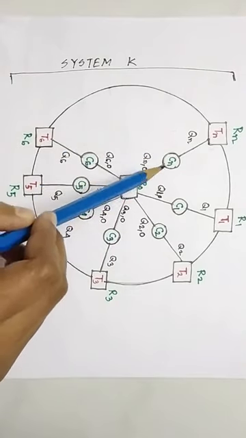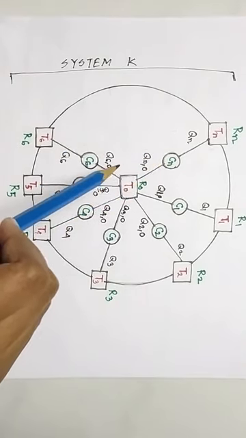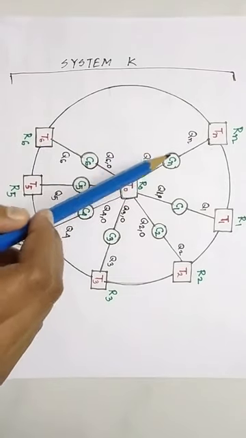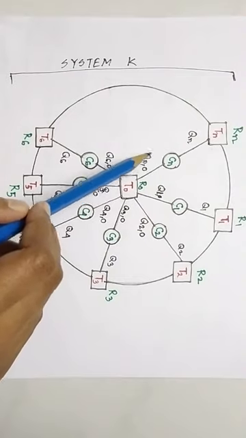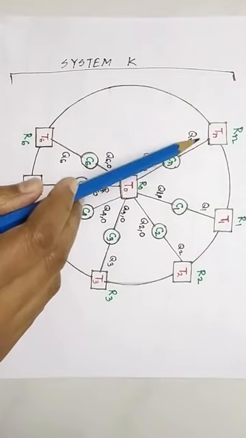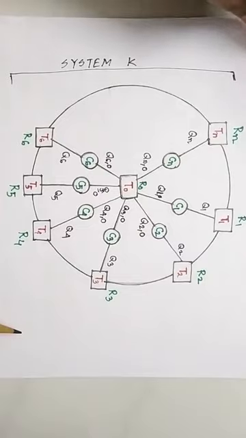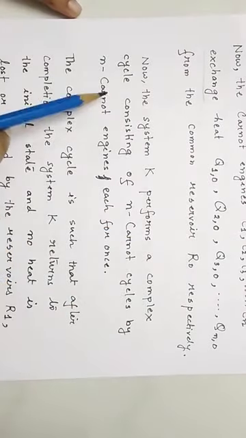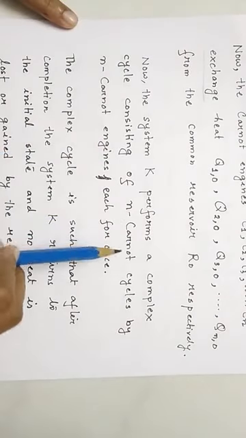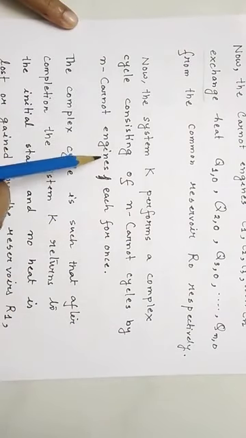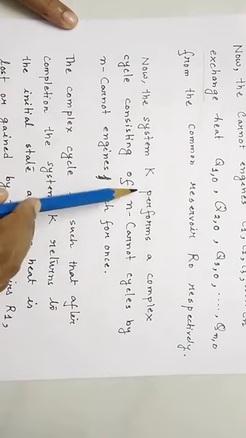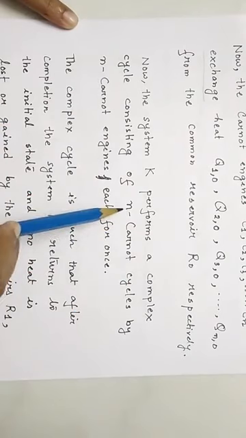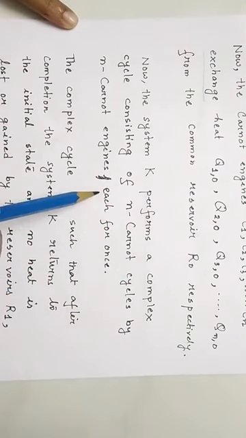The nth Carnot engine will also perform the Carnot cycle only once, and in doing so it will do some work and exchange an amount of heat Qn0 with R0 and Qn with Rn. So the system K performs a complex cycle consisting of n Carnot cycles by n Carnot engines, each once.